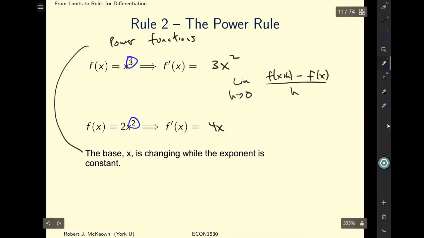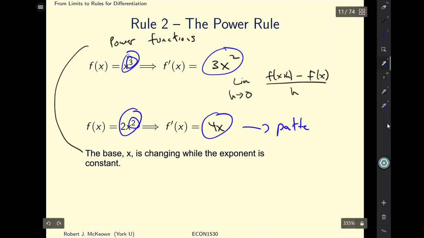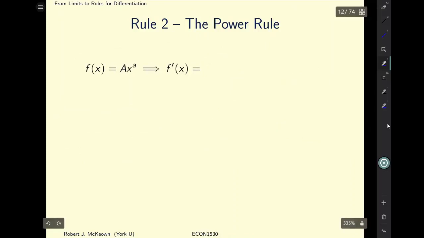Now, you might notice that if we look at these derivatives and their functions, there's a pattern. And that pattern tells us the power rule. So if we've got a power function and we want to take its derivative, there's a power rule that's going to help us. And that power rule is as follows. Suppose I have a and a are constant, right? What do we mean when we say they're constant?